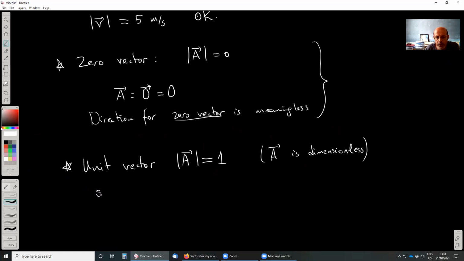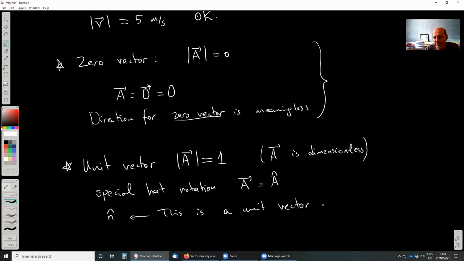We use a special hat notation for unit vectors. Instead of putting an arrow on top of them, we use a hat on top. So whenever you see a symbol with a hat, you understand that it's a vector, but it's also a unit vector. So when I say it without mentioning the hat at some point, you will understand that this is a unit vector along some direction.